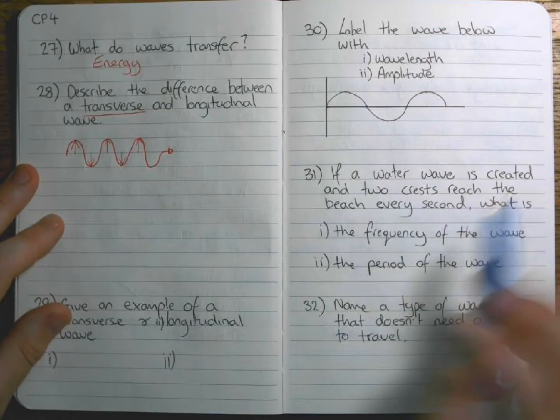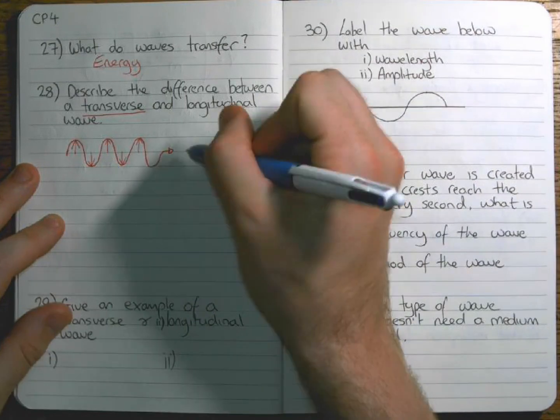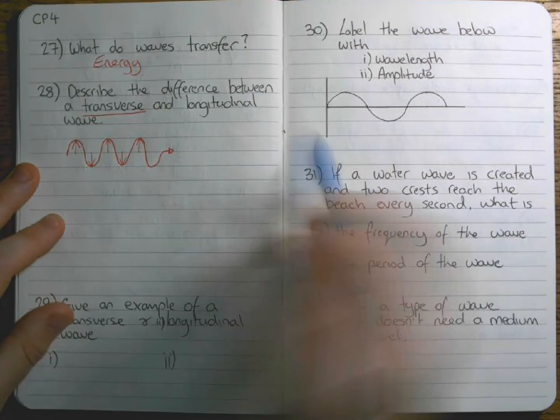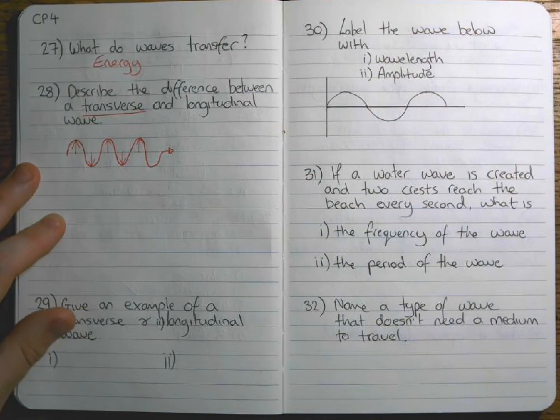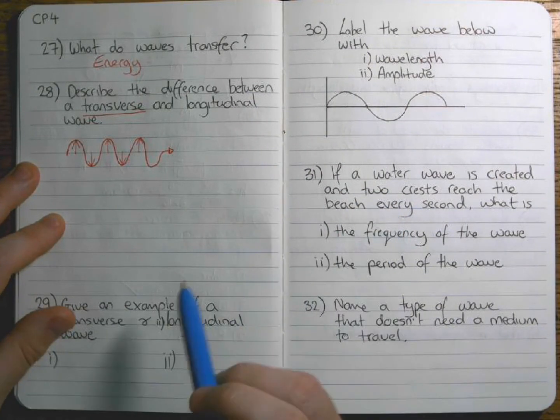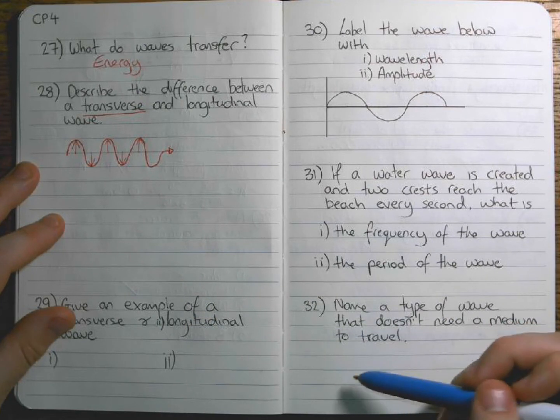So think of it this way. If this was a water wave and we had a beach ball and the beach ball was in the sea and the water wave kind of travelled towards the shore, you'd often find that the beach ball won't actually come inland unless the wind's blowing or something.